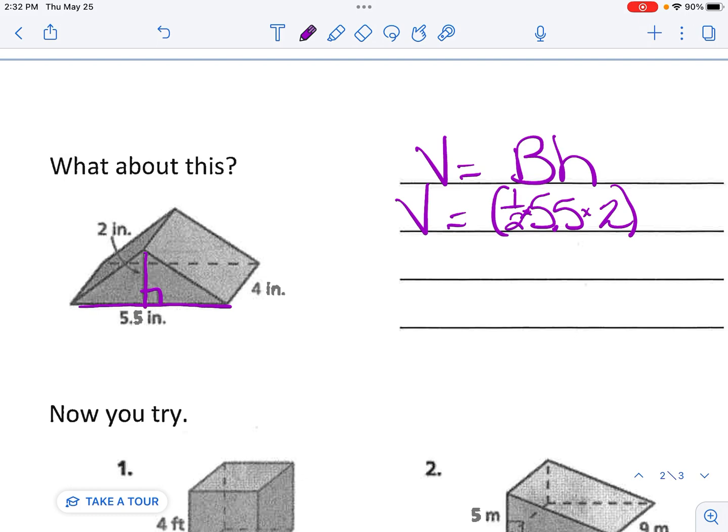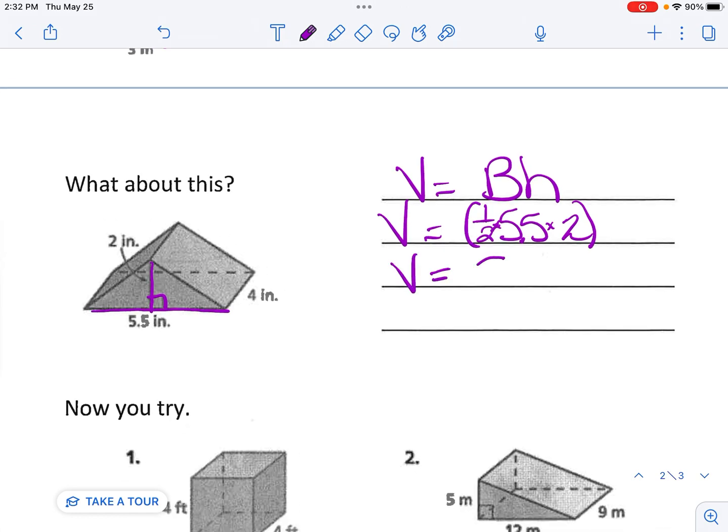So if I do 5.5 times 2 divided in half, I get 5.5. And then I still need to multiply by the height of this triangular prism, which is 4. So 5.5 times 4 is 22 cubic inches.